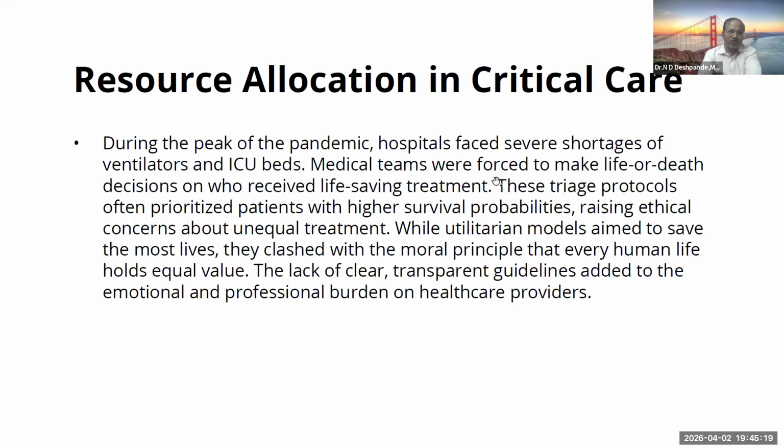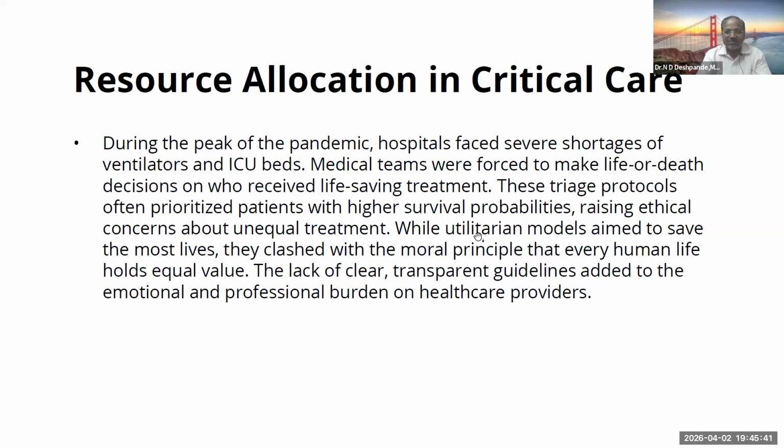So the medical teams were forced to make life or death decisions on who received the life treatment. These triage protocols often prioritize patients with higher survival possibilities, raising ethical concerns about unequal treatment. Just because people did not have certain tools, unequal treatment was given to them.